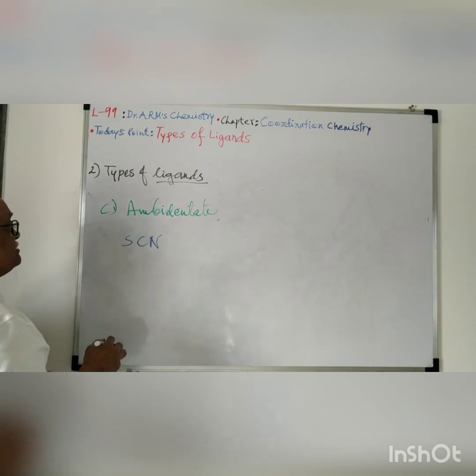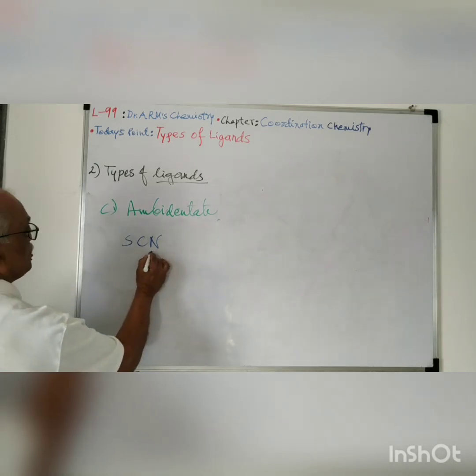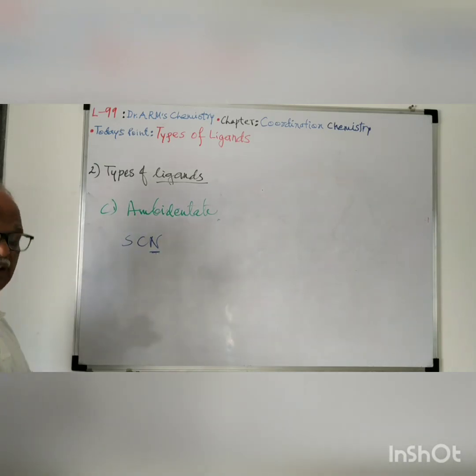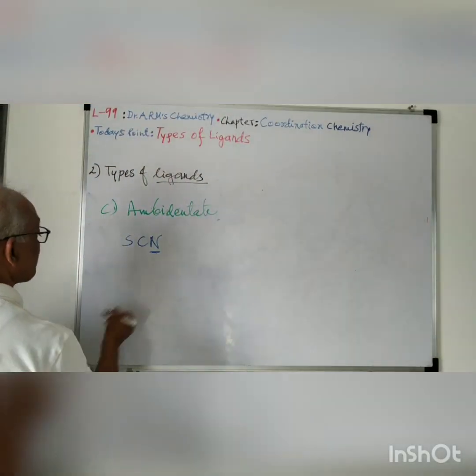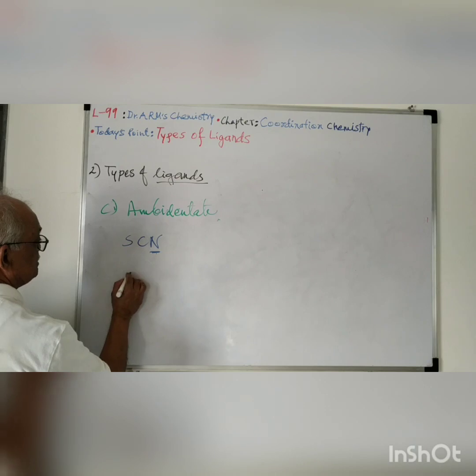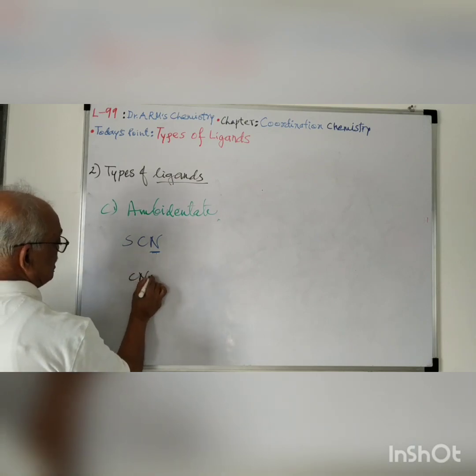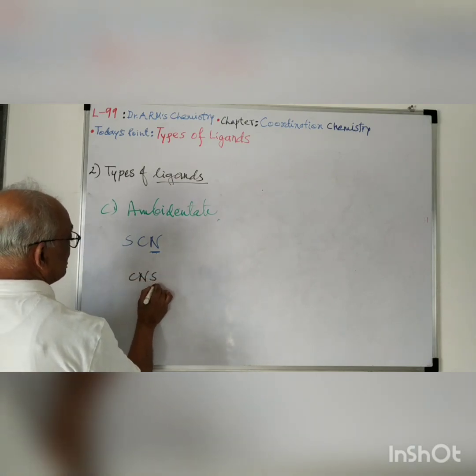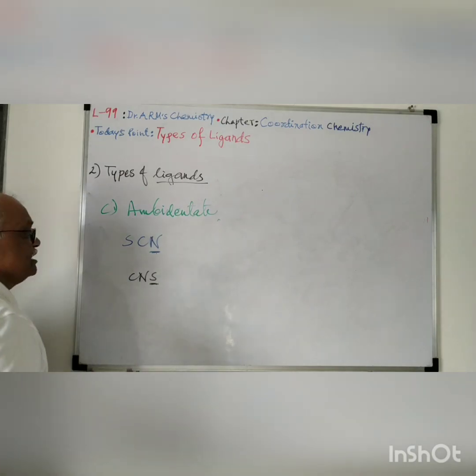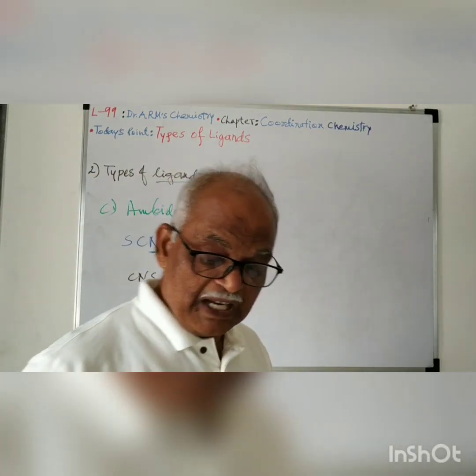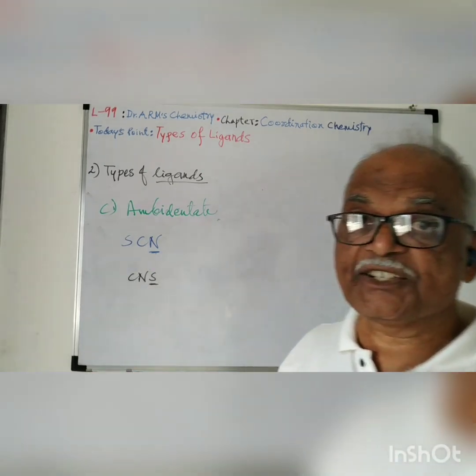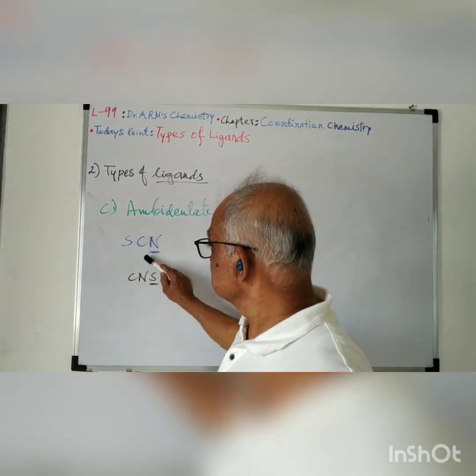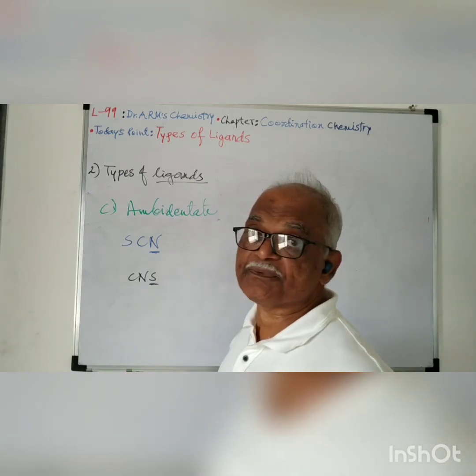SCN. Here we can have this nitrogen as a donor atom, and alternatively we can have CNS. Here sulfur is a donor atom. Means the species is the same, thiocyanate, but the point of attachment is different.